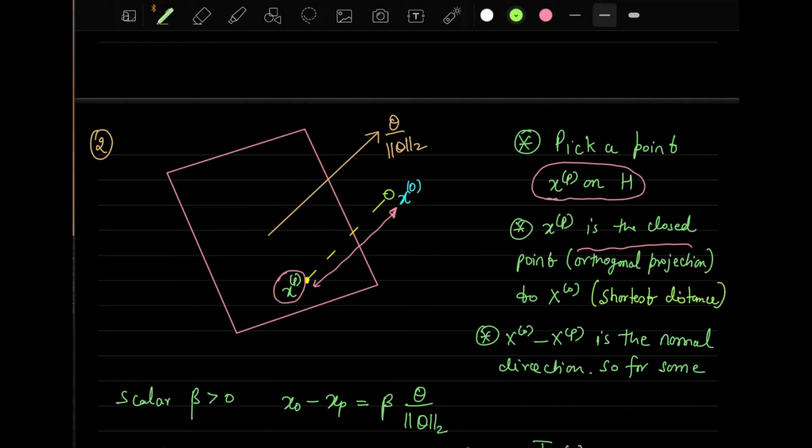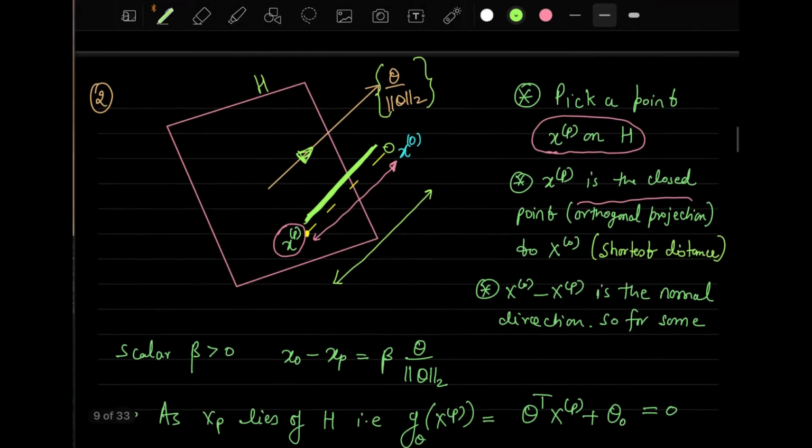So this is what we have to measure. Now, as you know, this particular distance is the orthogonal distance, and this vector is also orthogonal to the hyperplane H. So let's calculate this distance in the same direction as the direction of the normal vector.